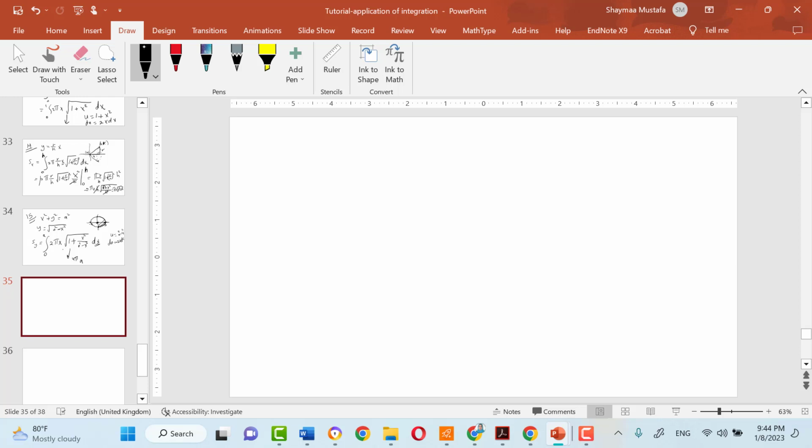For question 16, this is your curve. I think we did this one before in question 6. Same integration. You need to calculate, because this is your graph from 0 to 1, and then you will integrate from 0 to 1.